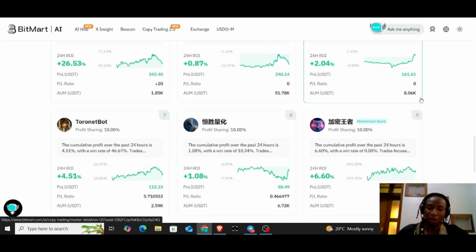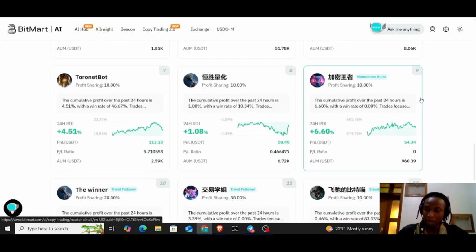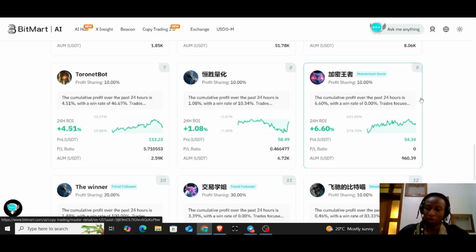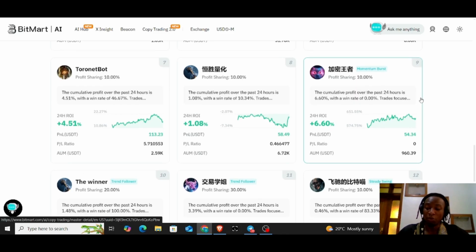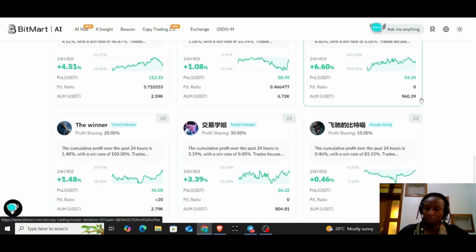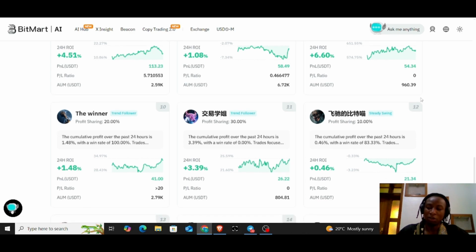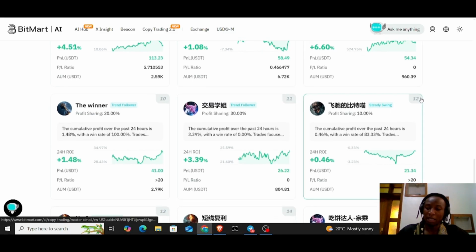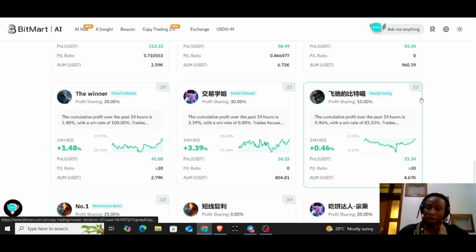You also have transparent profit-taking models as well. So profit-based fees only. The master earns only when you earn, right? Typically around 10 to 30%. We're going to show you guys that in a little bit, just to give you a little bit of analysis of how that works. No fees on losses, right? So no commissions are charged to the account if you're losing money to the copy trader, and high watermark protection.